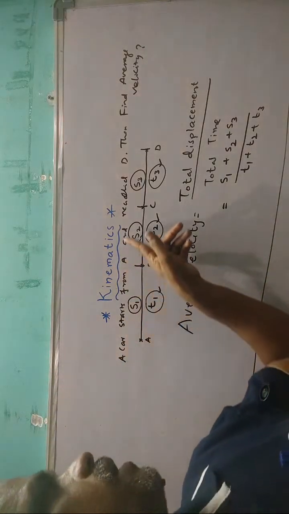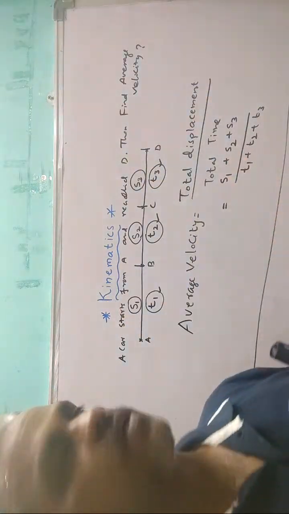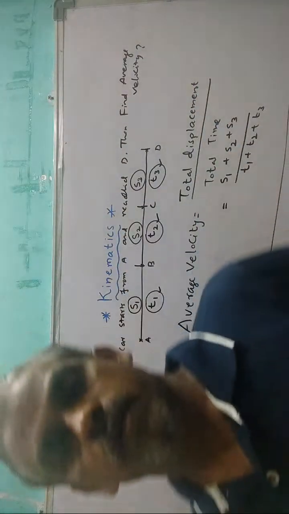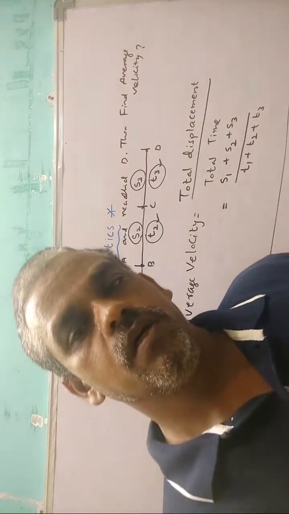A car starts from A and reached D. Find average velocity. So this is a picture of how it traveled. If you complete, message me yes.